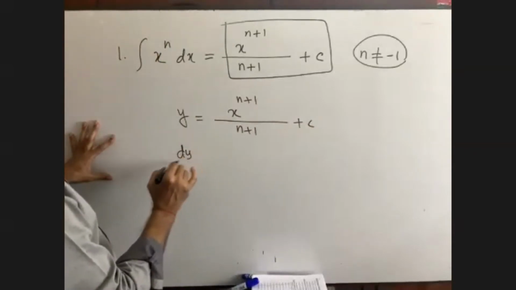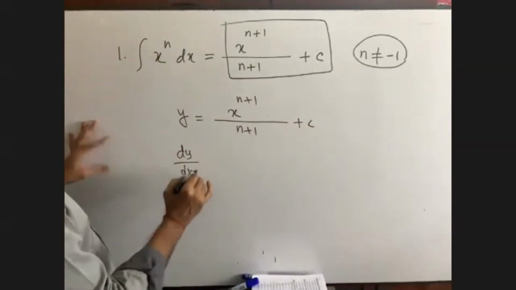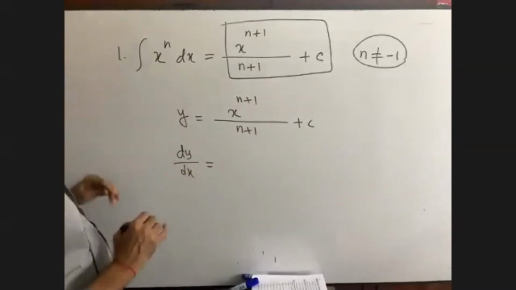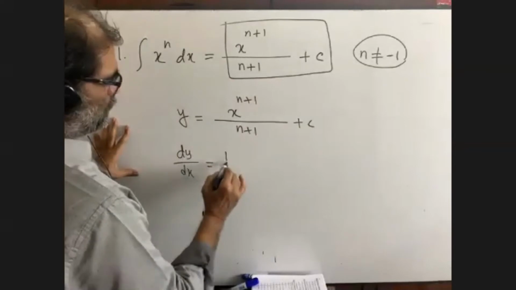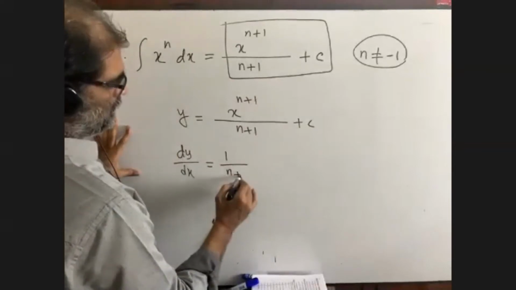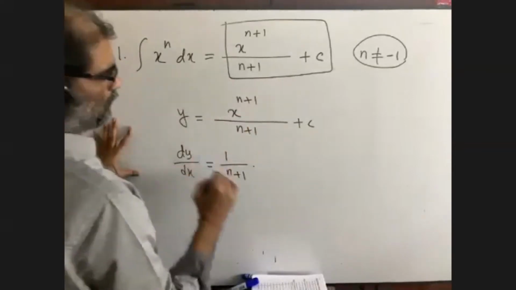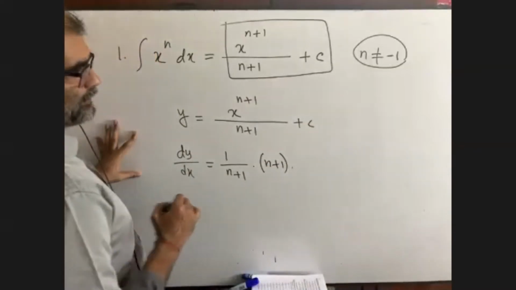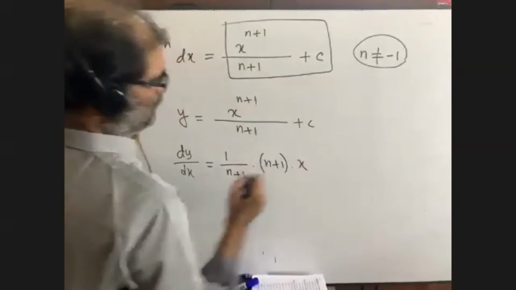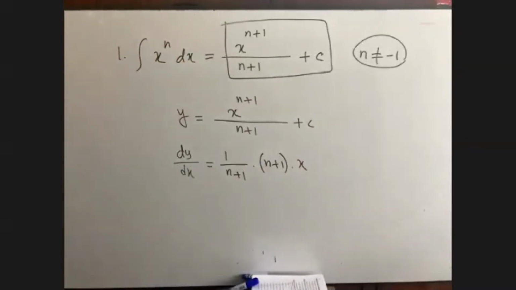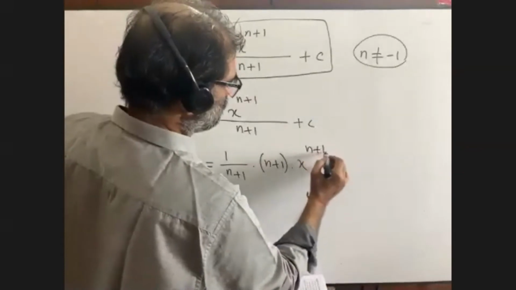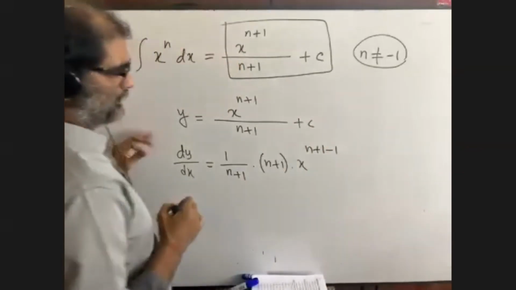So x to the power n, with the coefficient 1 by n plus 1, into n plus 1, x to the power n plus 1 minus 1, right?